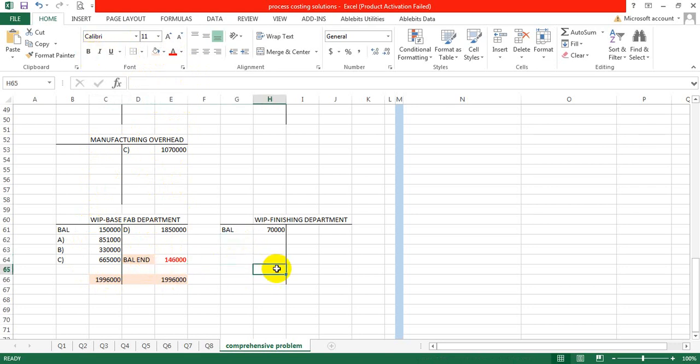Okay, now balance WIP finishing department. WIP finishing department 70,000 is debit, and again we will check the A, B, C, D transactions.